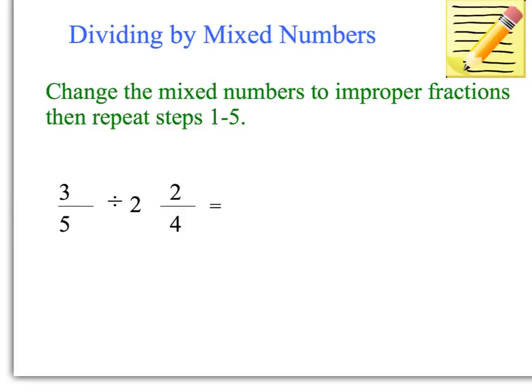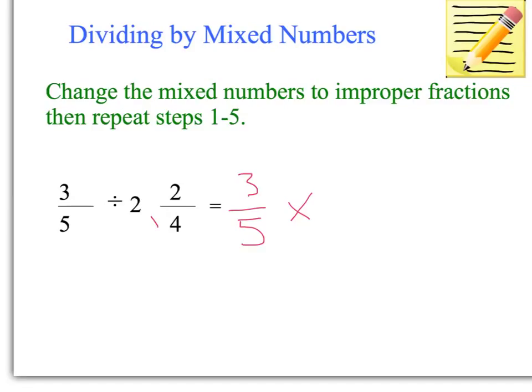Okay, so when we're dividing by mixed numbers, it's the same thing that we do with multiplication of fractions. You need to change the mixed number to an improper fraction and then repeat the steps that I told you for the division of fractions. So 3/5, and then we're going to change the division sign to multiplication, and we need to change this to an improper fraction.